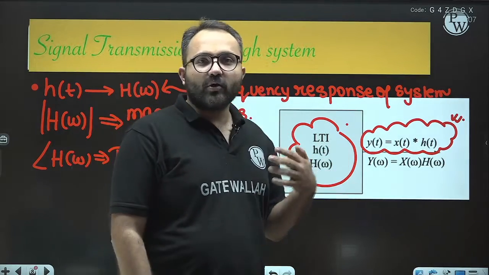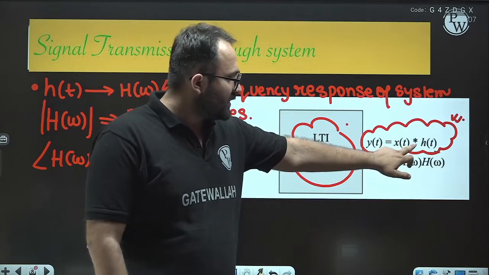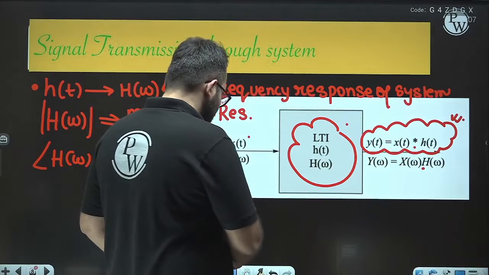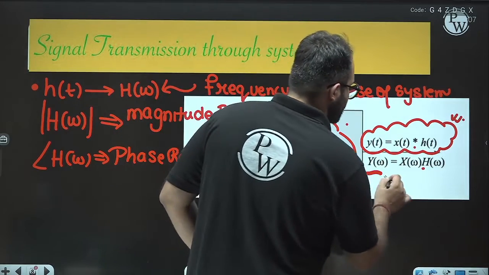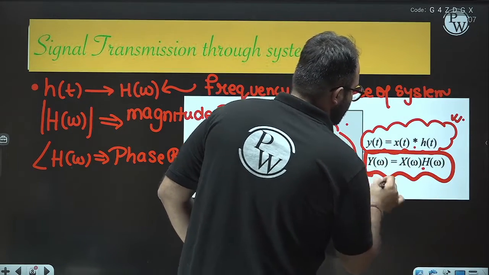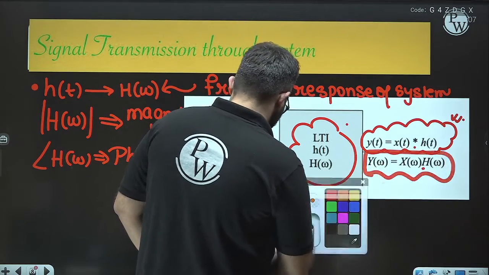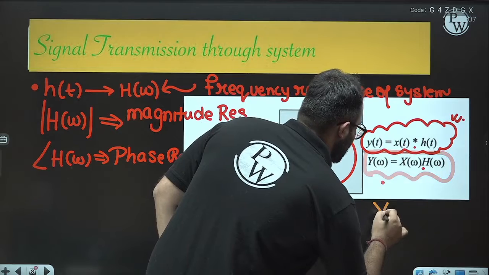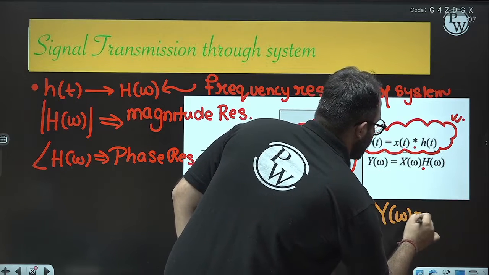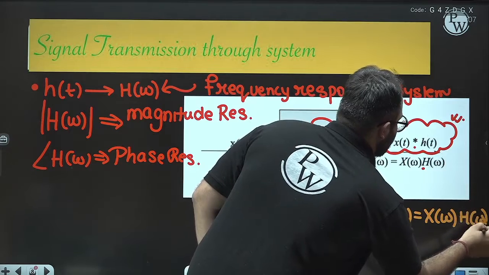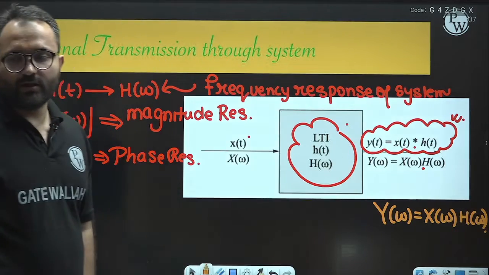Using the property that convolution in time domain is multiplication in frequency domain, the output in the frequency domain will be the multiplication of these two. So Y of omega is equal to X of omega into H of omega. This is the important formula here.